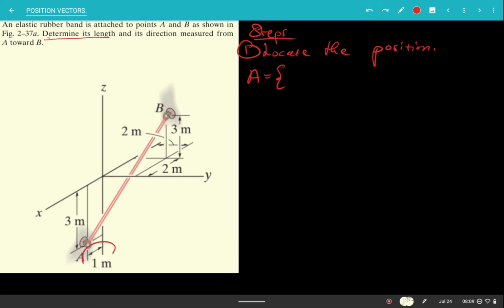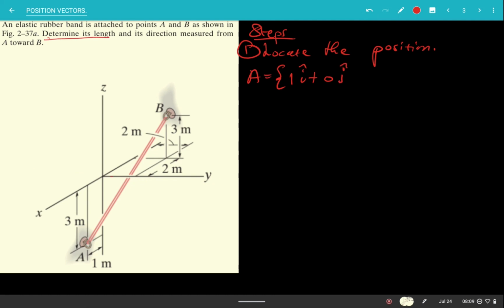This tells us that we have 1 in the I. Then we need to look for the position in the Y. So this is the Y-axis that we have. In this case, we don't have the position of A in the Y. A doesn't sit anywhere in the Y-axis. Therefore, it is 0 in the J-axis.